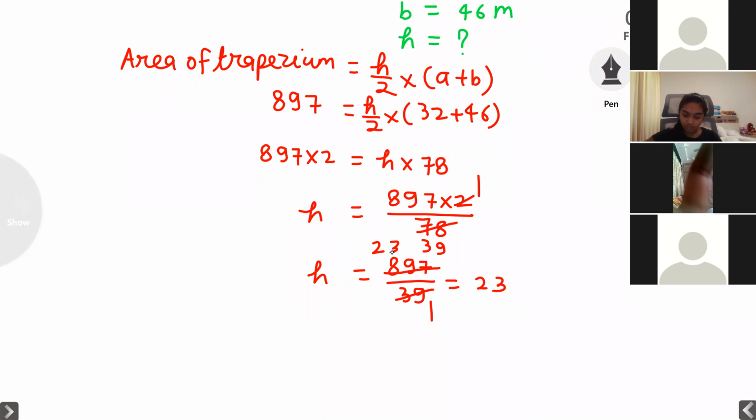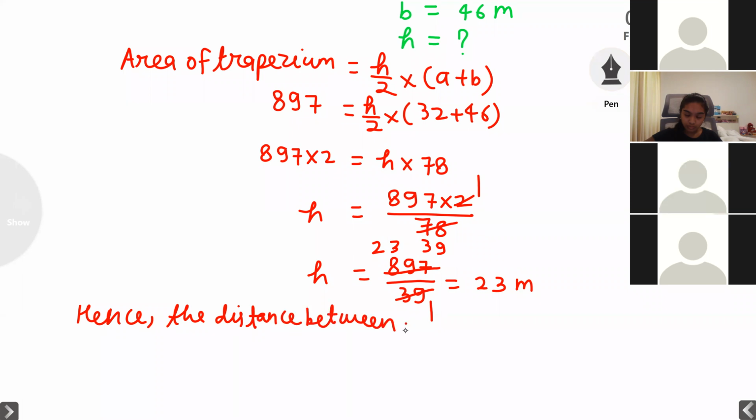Hence, the distance between the parallel sides is 23 meter.